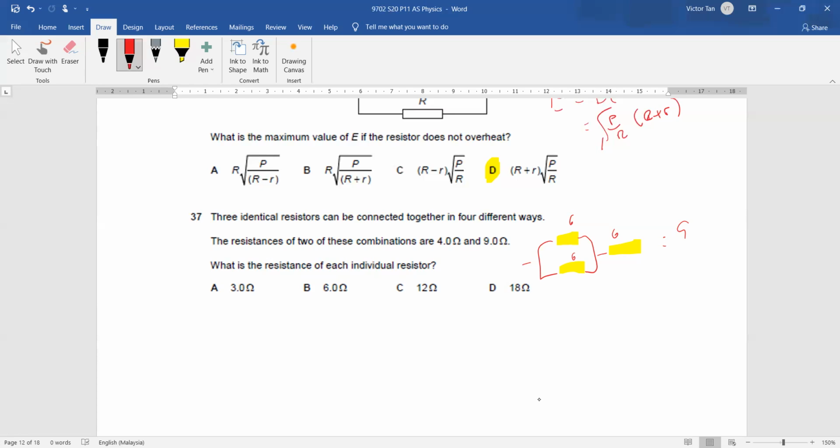One over 6 plus 1 over 6 plus 1 over 12. Okay, correct. 6.